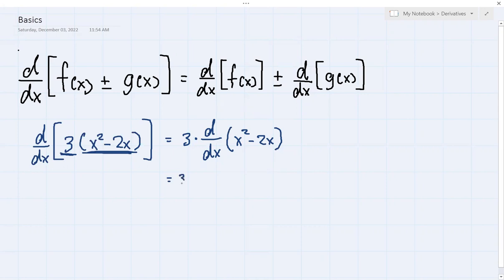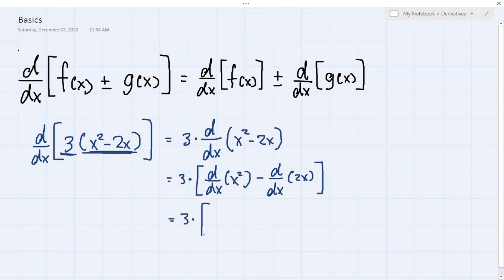Then, after that, pwede ka na mag-focus dito sa pagkuha ng derivative. So we will have 3 times quantity, the derivative of x squared minus the derivative of 2x. O, di ba? So in here, derivative ng x squared, we will use power rule kasi again, ulitin ko na naman, meron tayong variable na may exponent.